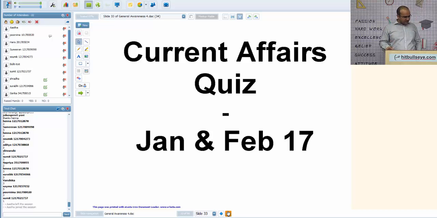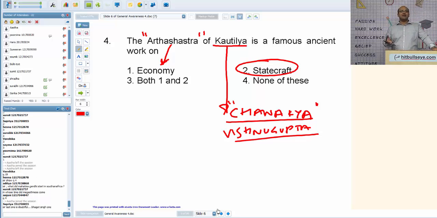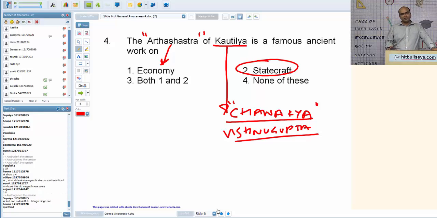I'll take your questions if you have any now. Here you go. Question number 4. Sir, what did Mahatma Gandhi start in South Africa? So Aditya, Mahatma Gandhi was fighting for the rights of Indians staying in South Africa. Lots of restrictions were put on them by the South African government, which was in fact under the British rule at that time, right?